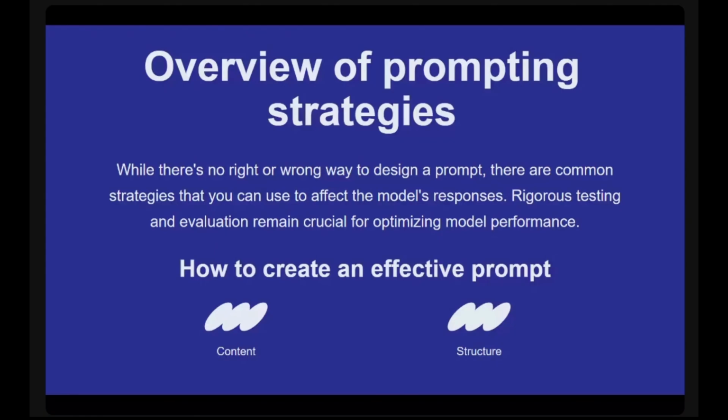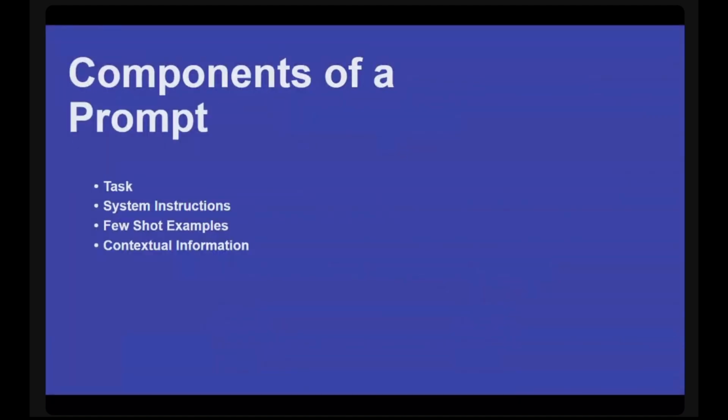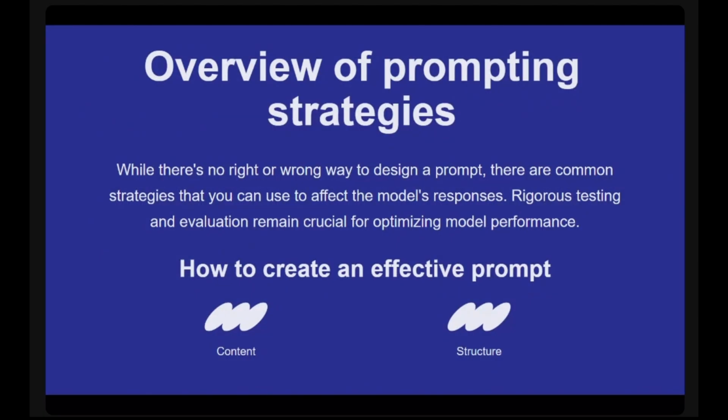And then the structure of the prompt. If you tell the task at the end and your few-shot examples are first, then it might not produce the expected results. So the structure also matters while designing your prompts.